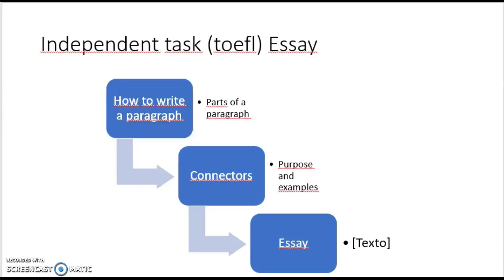The first part is how you have to write a paragraph, and this contains the parts of a paragraph. Then we have the connectors, their purposes and some examples. And finally, we are going to conclude with how to structure an essay, the body part of an essay.